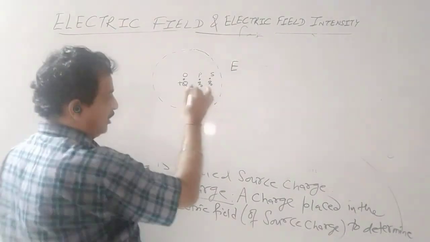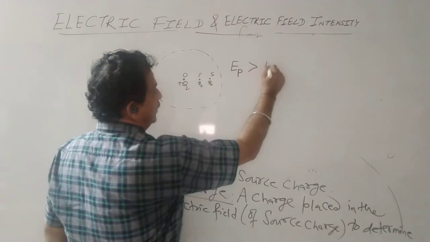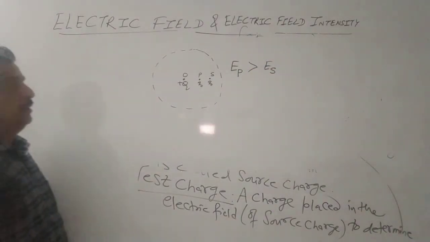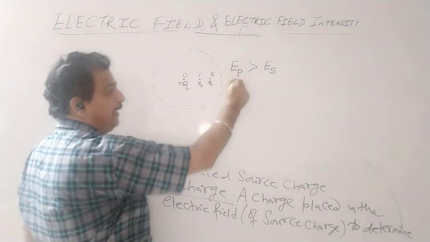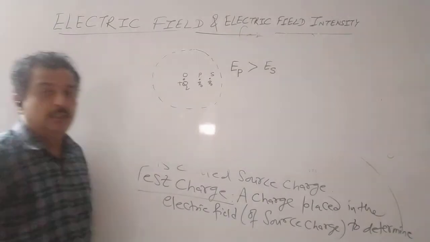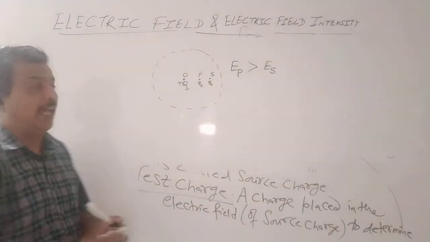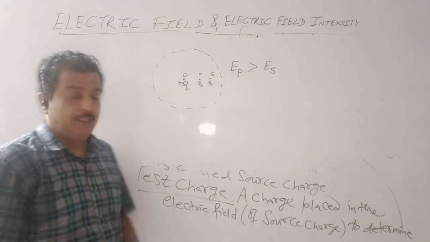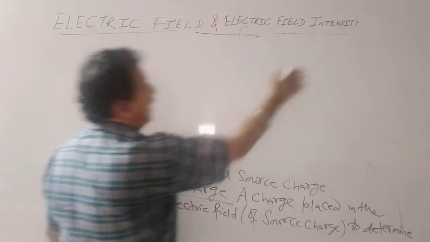So by observing the diagram, I will write EP is greater than ES, and I will read it as the electric field intensity at point P is greater than the electric field intensity at point S. सोर्स की ताकत P पे ज्यादा है as compared to the point S.